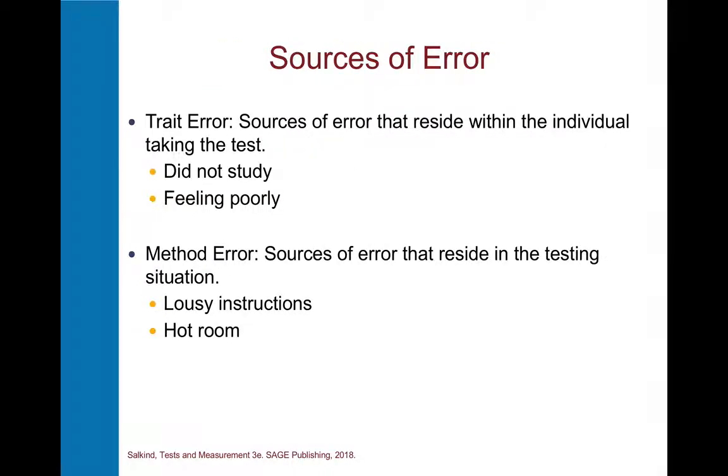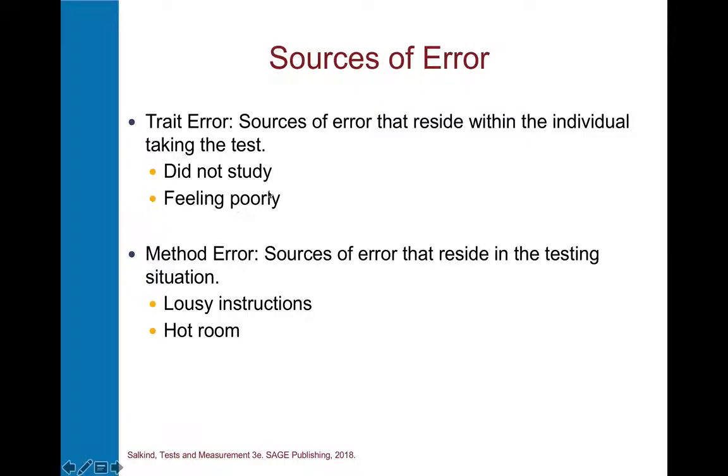Now let's take a moment and go one step further. Let's talk about error and break that apart. So the error part consists of two types of error. One is called trait error, and the other is called method error, both of which contribute to differences between the true and observed score.